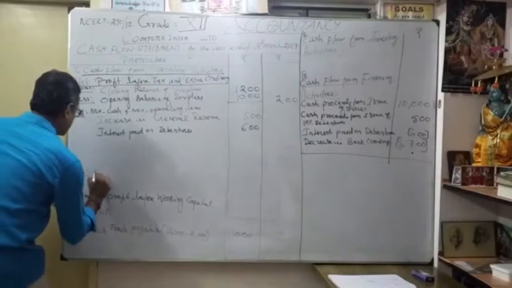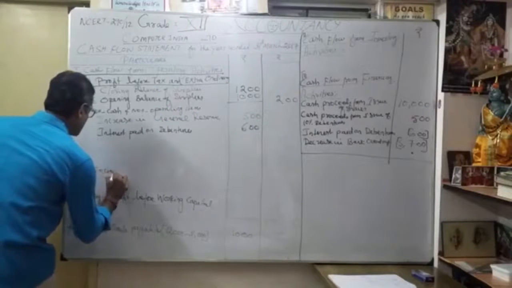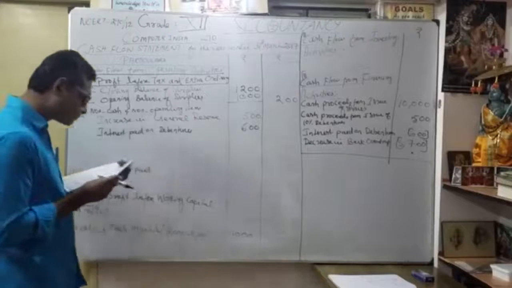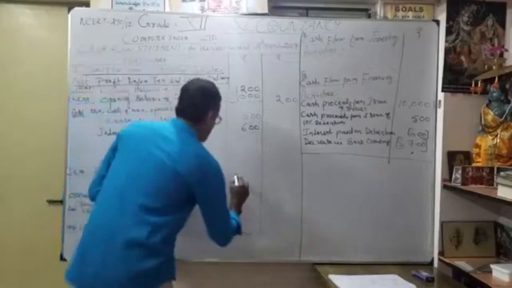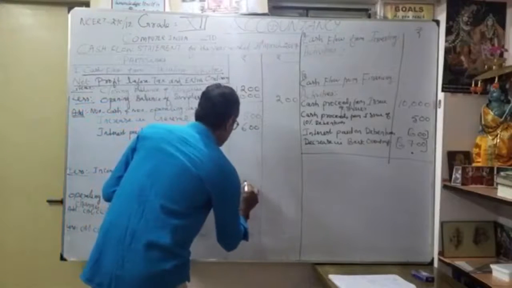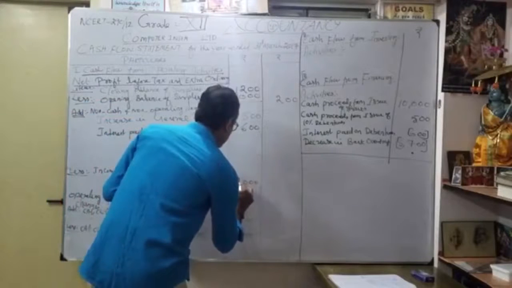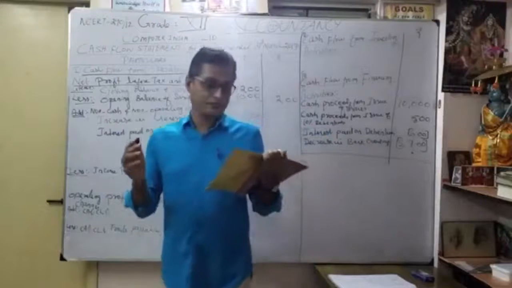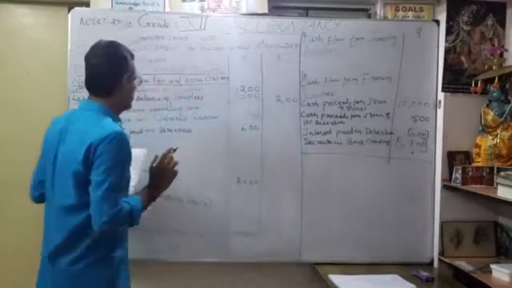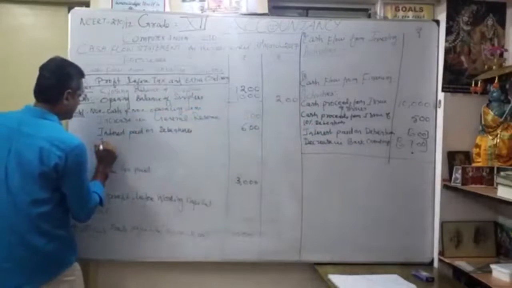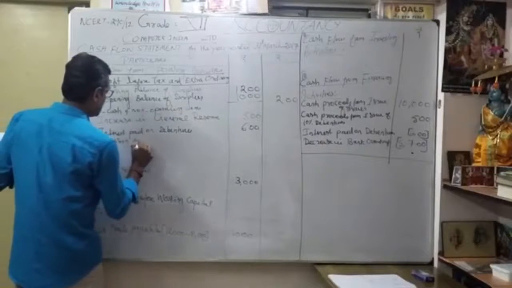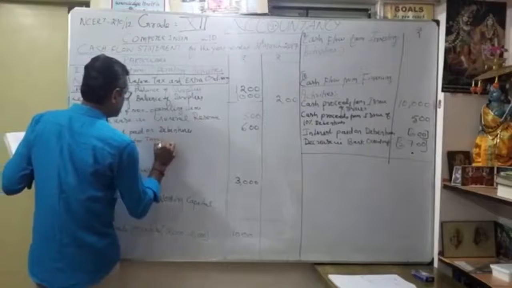Income tax paid. How much? 3,000. I write it here 3,000. Then the provision for taxation for current year, how much? 4,200. You know very well. You write it here. Provision for taxation.